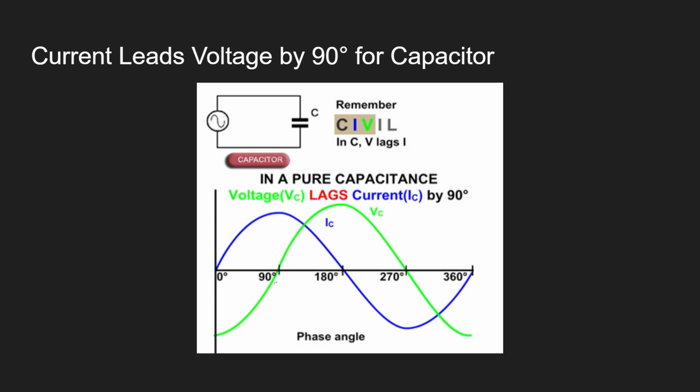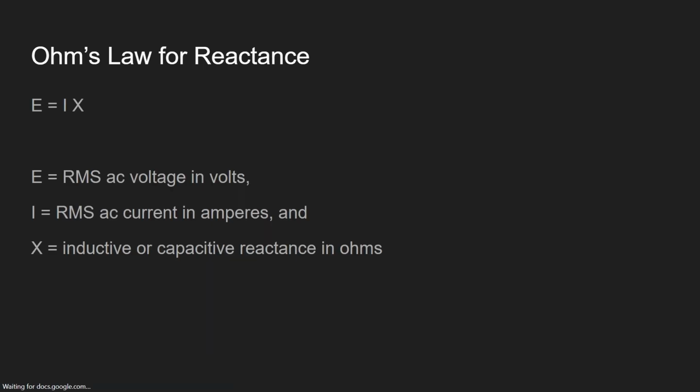Okay, so voltage lags current by 90 degrees. In other words, we can say that current leads voltage by 90 degrees. If they don't give you the word lags, and they give you leads, you can still distinguish which one goes first and which one goes back.